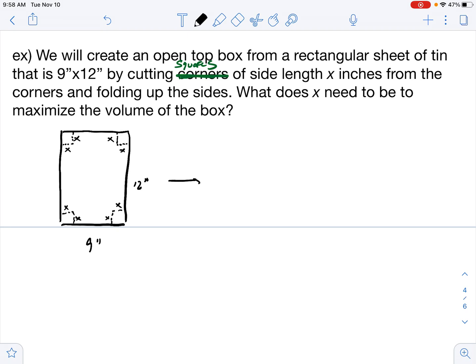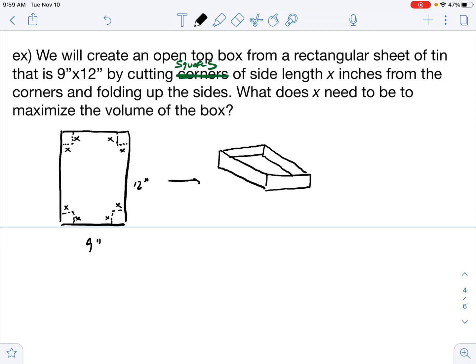So here's the before, here's the after, okay? Try and draw this like 3-dimensionally here, just do your best. And after we fold up the sides, it's going to look something like that.